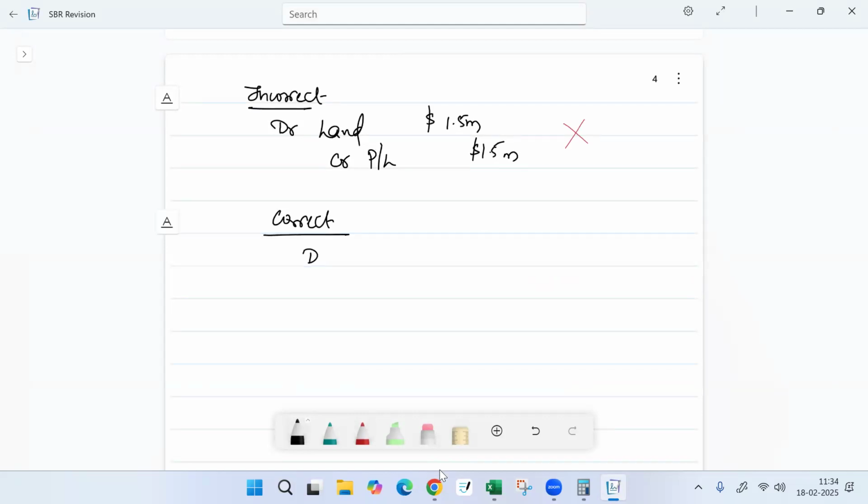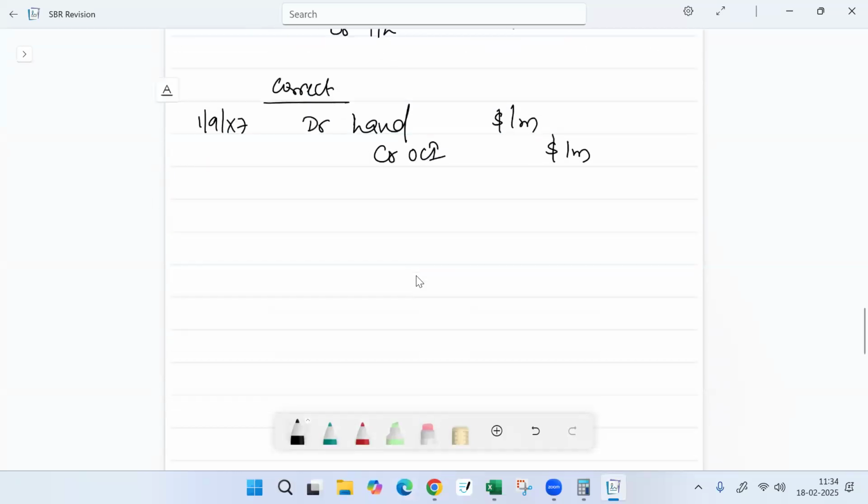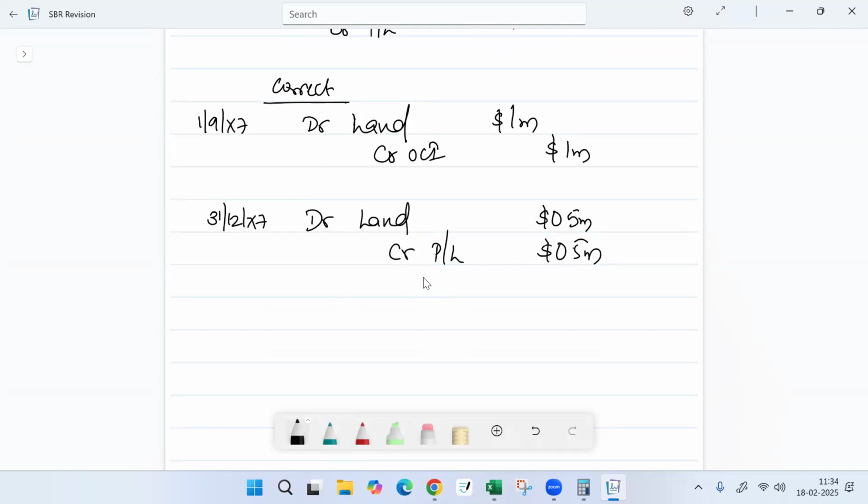The correct treatment should have been, on 1st September X7, debit land, credit OCI of $1 million. And then on 31st December X7, debit land and credit P&L of $0.5 million. Isn't it?